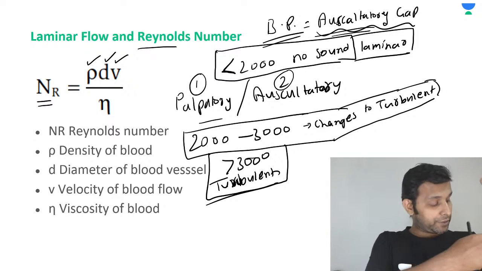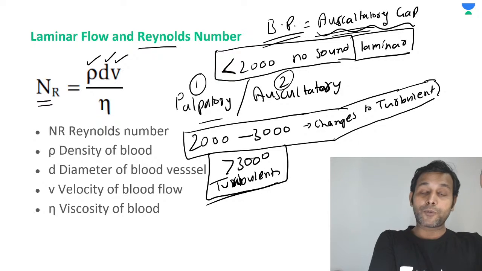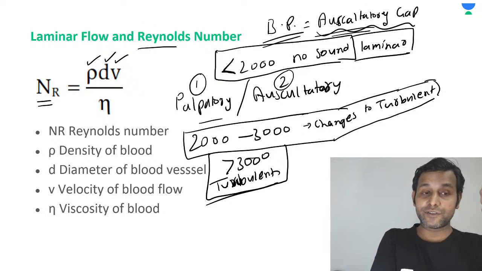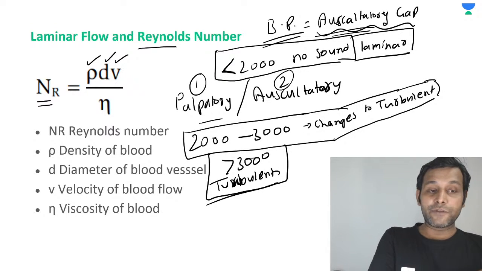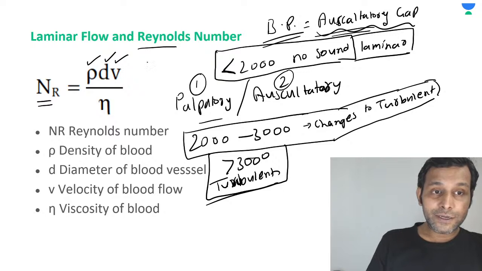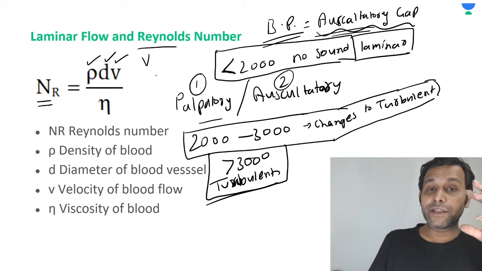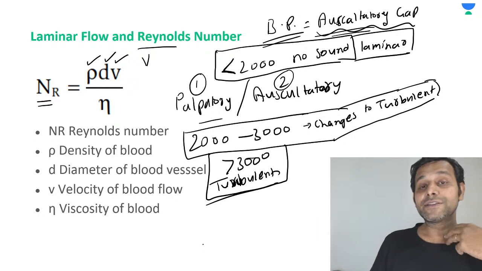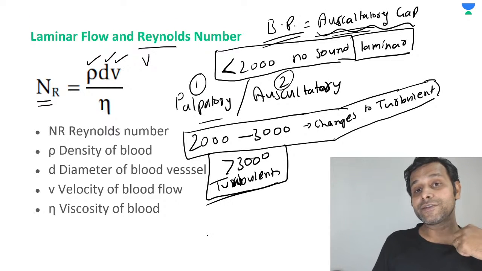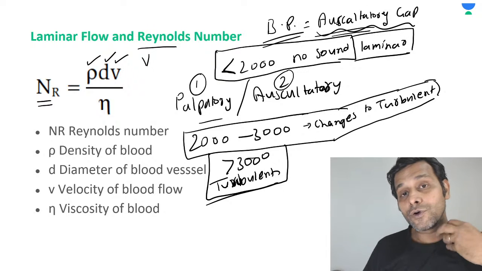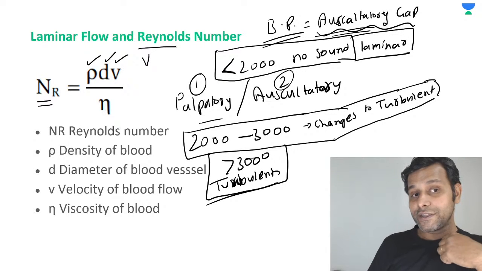Now once you tie a cuff, when you increase the pressure, we are decreasing the diameter. When you decrease the diameter, the resistance increases, and when the resistance increases, the flow decreases, and when the flow decreases, the velocity decreases.